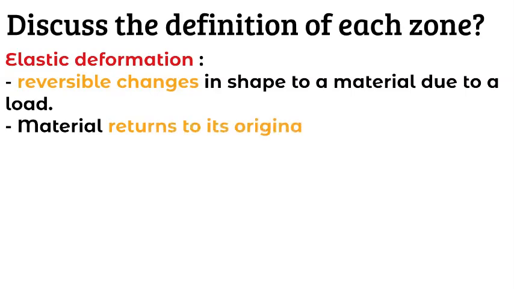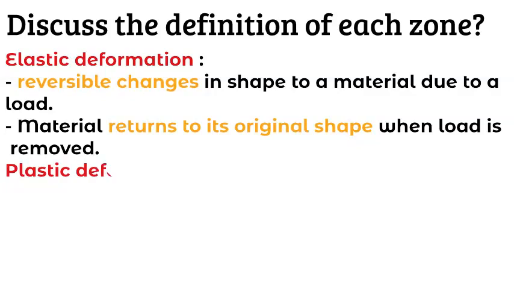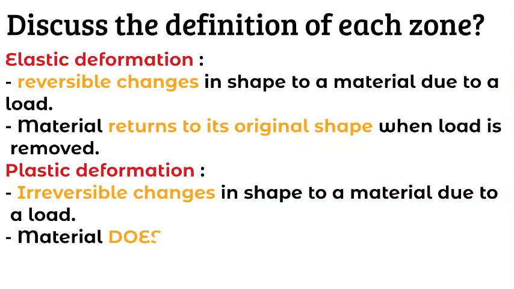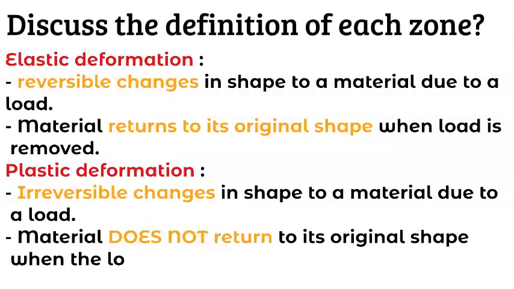The material returns to its original shape when the load is removed. For plastic deformation, it is an irreversible change in shape to a material due to a load. The material does not return to its original shape when the load is removed.